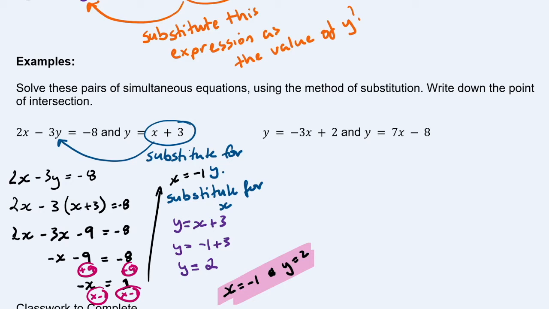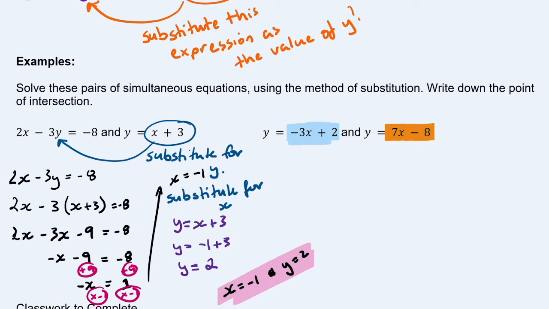Now, we do have another pair of equations to look at, and we can do a very similar thing. For these ones, both equations are y equals something. So the expression over here, if I dig out a different color, this expression has the same value as this expression.